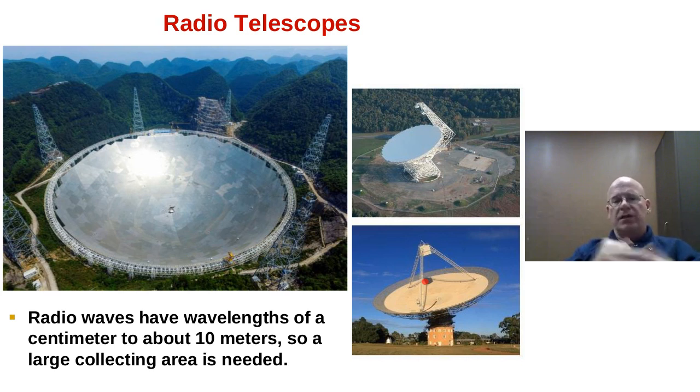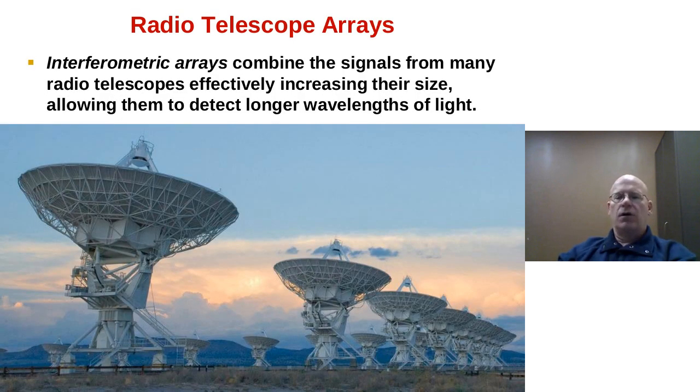But there's a limit to this. We want to see things that have even longer wavelengths. This is good for some things, but we want to see everything, of course. And so we learned a better way to do this is by making what's called an array. These are still gigantic telescopes. This is a landing for a person here, so that's about the size of a person there.